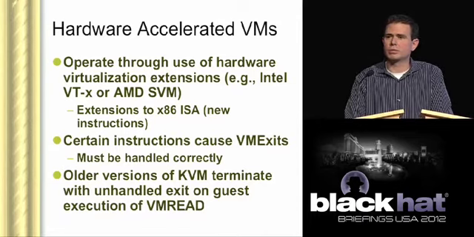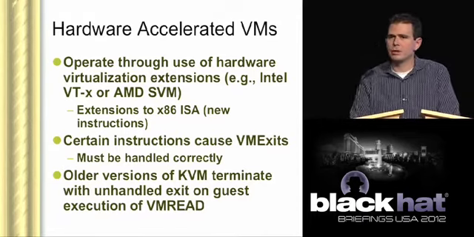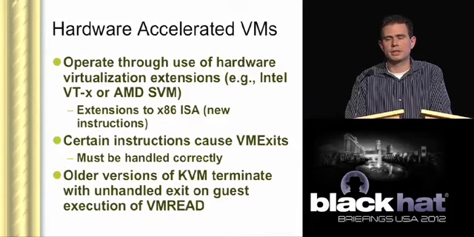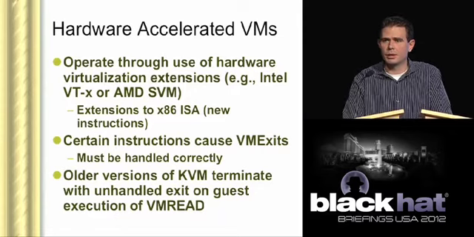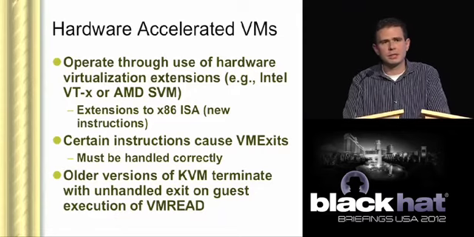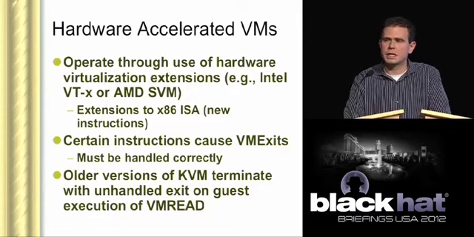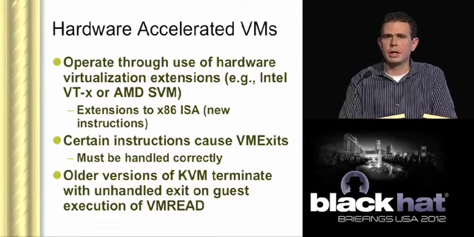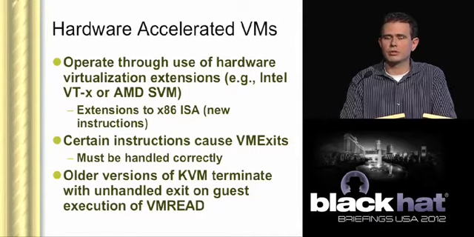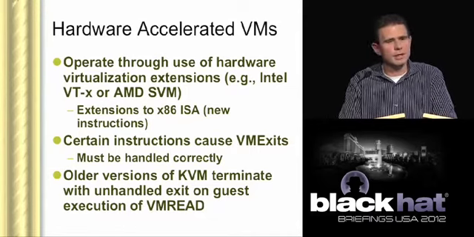There was a VMX root mode and a VMX non-root mode. Guests execute in VMX non-root mode, and that includes the ability to execute in ring 0 in VMX non-root mode. But of course, there's a subset of x86 instructions that are fundamentally incompatible with virtualization, and when these are executed, a special event will occur that drops back to VMX root mode, and that event is called a VM exit.